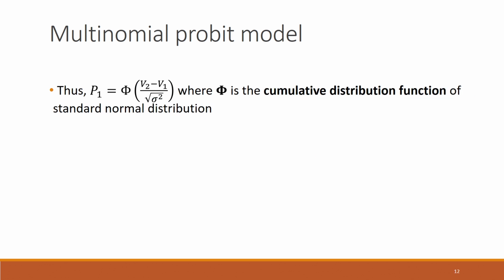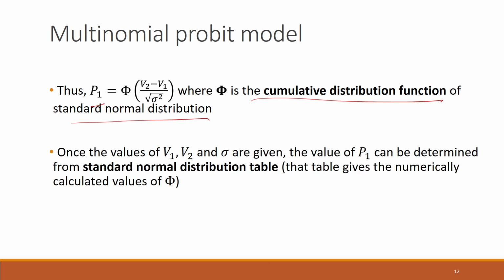So, therefore, the probability of choosing the first alternative is equal to phi of V2 minus V1 divided by square root of sigma square, where phi is the cumulative distribution function of the standard normal distribution, okay. Note that these V1, V2 values are given to you because these are deterministic values, so these will be inputs, and sigma will also be given, okay.